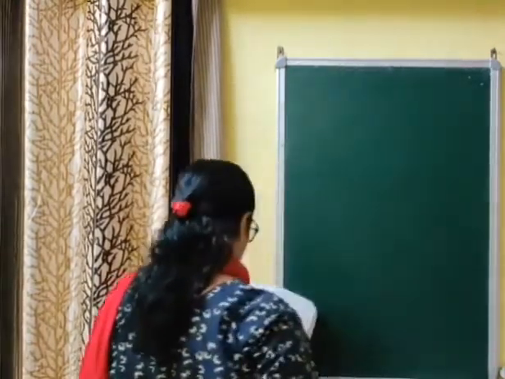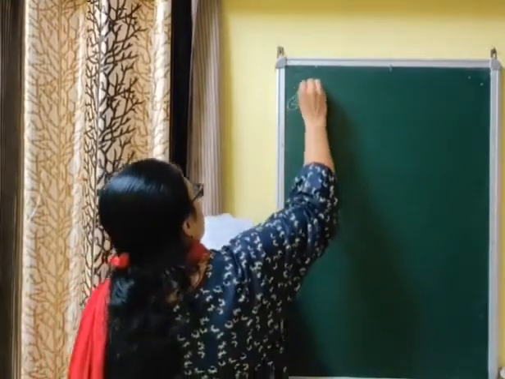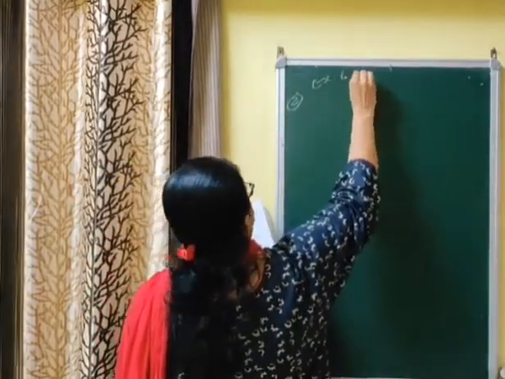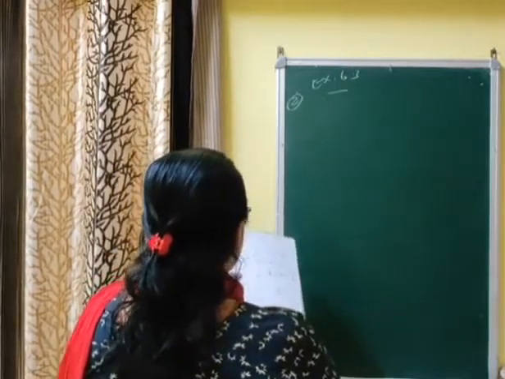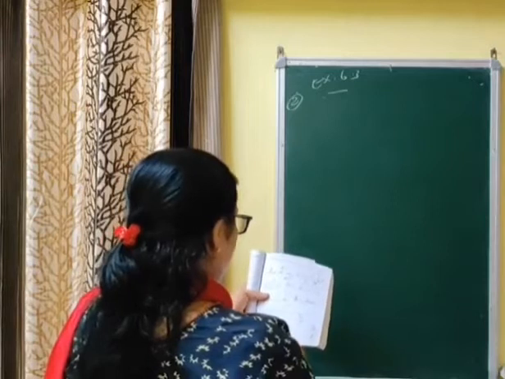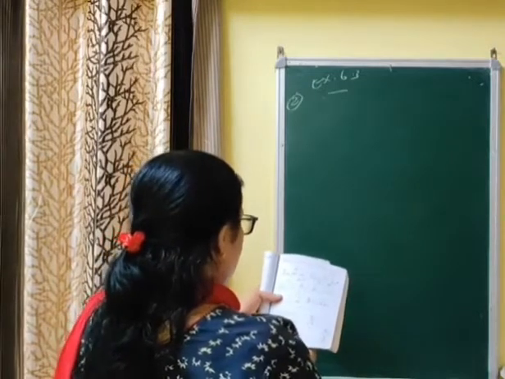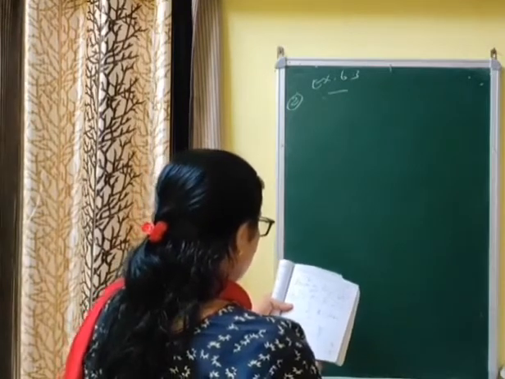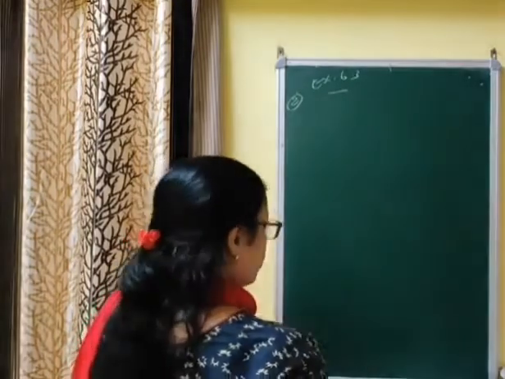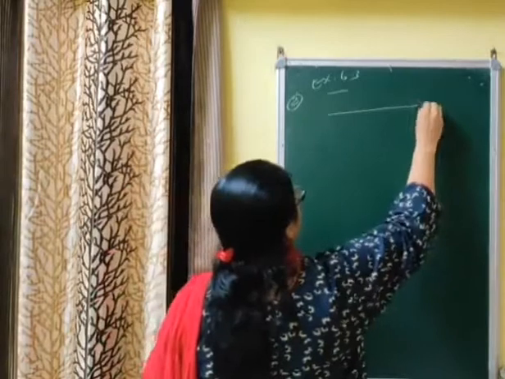Now let us do question number 2, exercise 6.3. I am reading the question. In figure 6.3, for triangle ODC similar to triangle OBA, angle BOC is equal to 125, CDO equal to 70. Find DOC, DCO and OAB. Let me draw the figure.